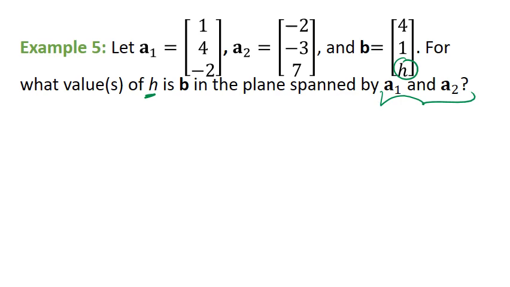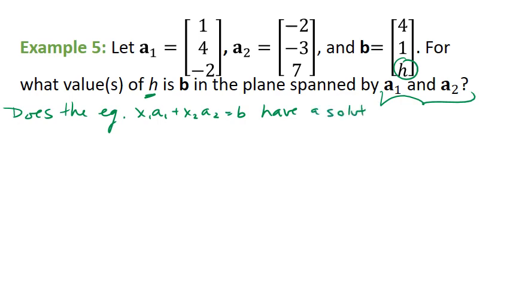So basically what this is saying is the following. Does the equation x1 A1 plus x2 A2 equal B have a solution?